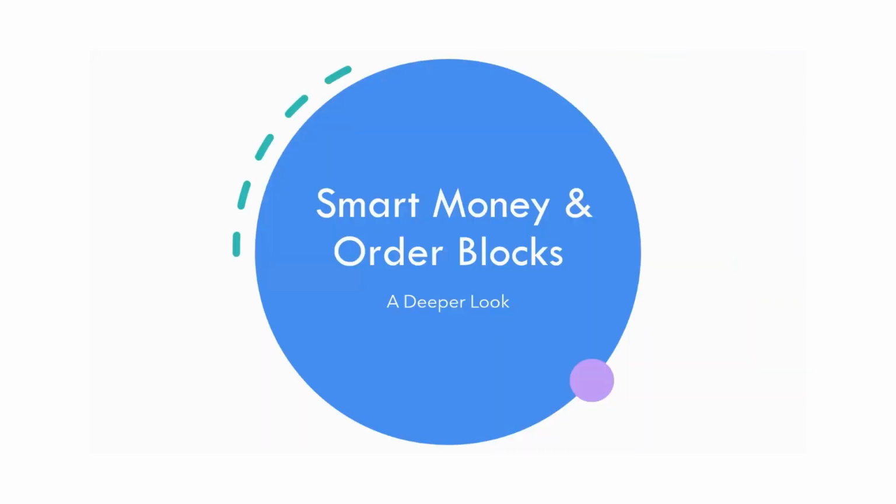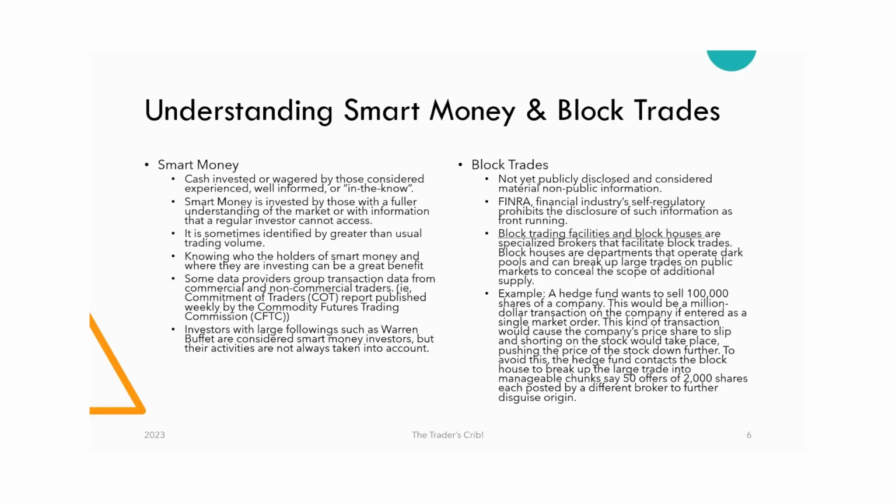So let's take a deeper look at smart money and order blocks and put them together. Smart money is cash invested or wagered by those who are considered in the know or well informed. Block trades are not publicly disclosed trading information, and the financial industry's self-regulation prohibits the disclosure of that information, though they can have reports on it, so you can look that up.